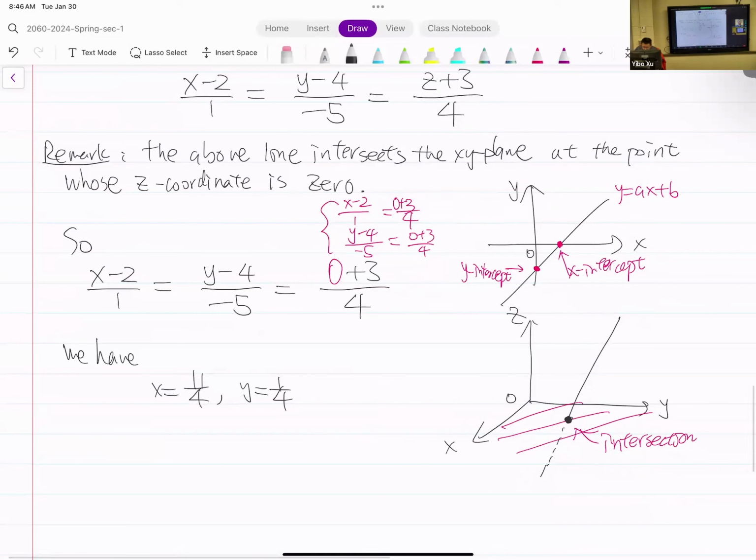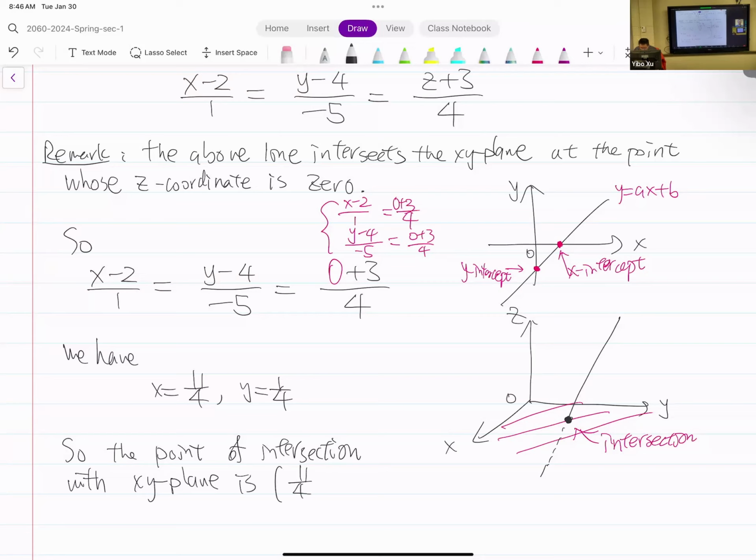So now this tells you the point of intersection with the xy plane has the coordinates 11 over 4, 1/4, and 0.